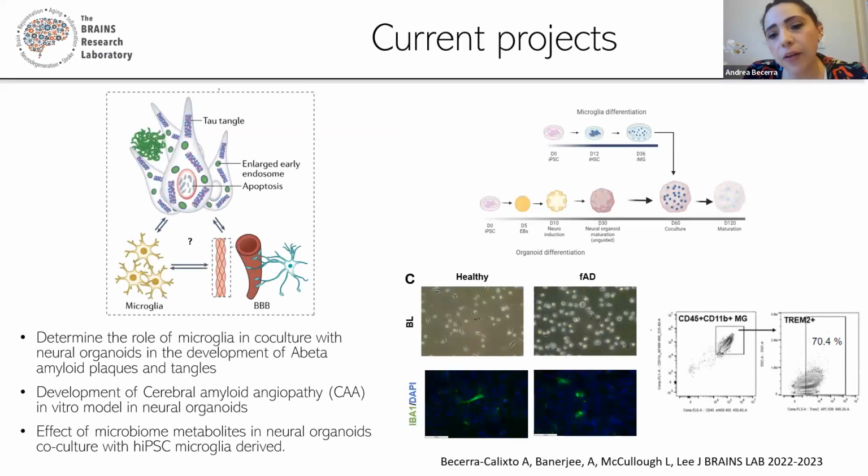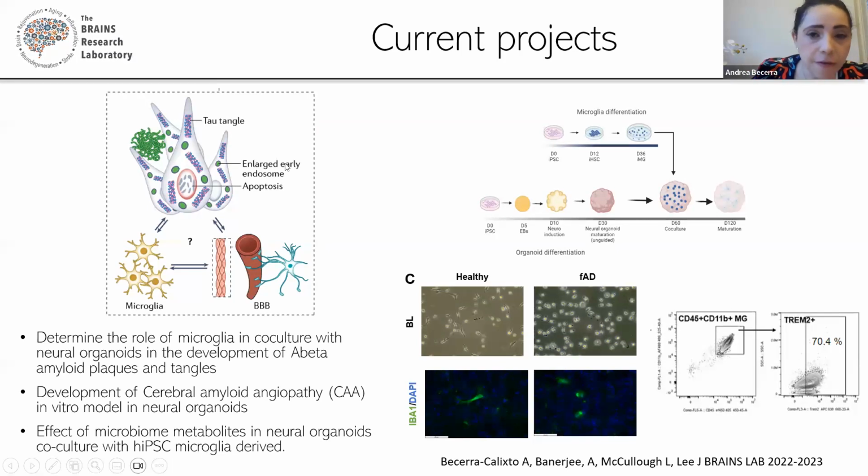I would like to talk about our current projects in the brain research laboratory. As I told you, we need to develop organoid models closer to the human brain, which involve introducing microglia and blood vessel or endothelial cells.